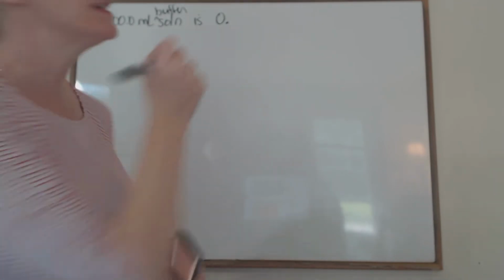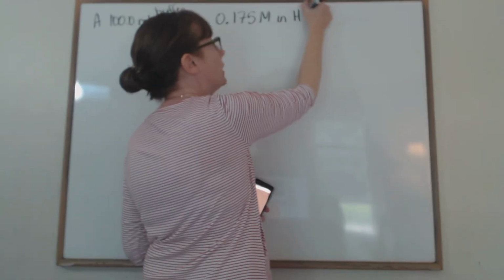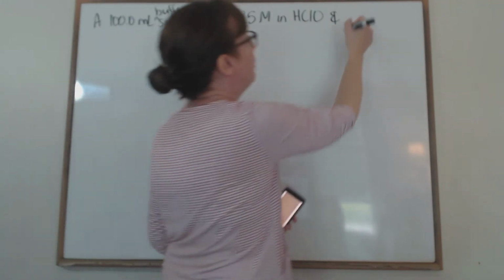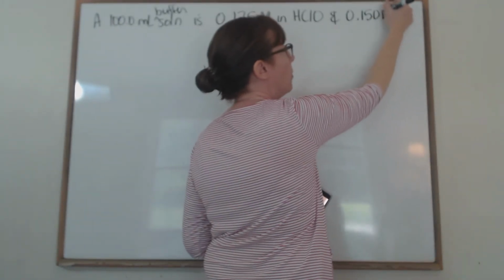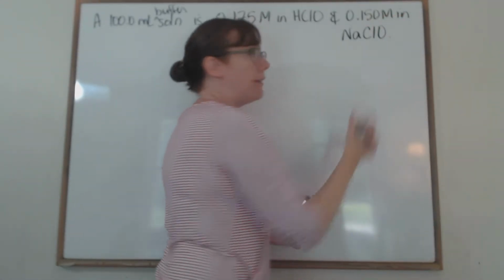It says 0.150 molar in HClO and 0.150 molar in NaClO. So you can see it's definitely a buffer.